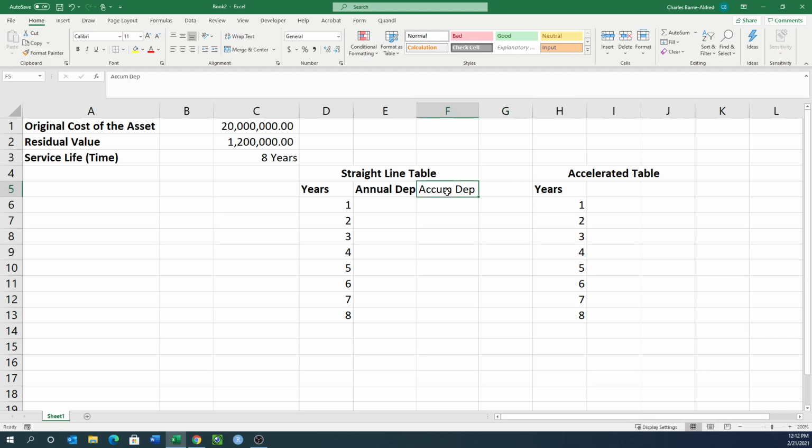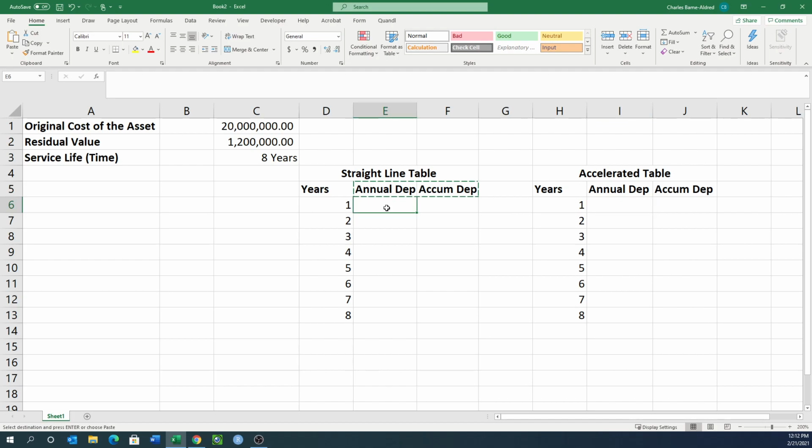And we'll have the exact same thing over here. Okay, we can see all that. Beautiful. So we're going to create these two tables.